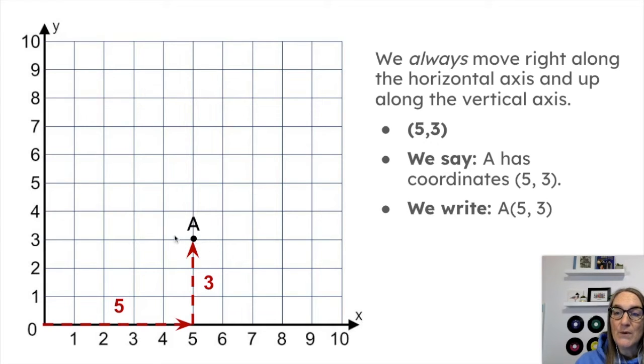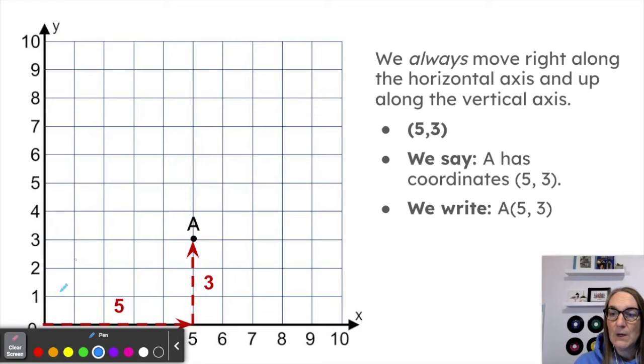So to mark point A in our coordinate grid, we write A (5, 3). That tells us that point A is located at 5 on the x-axis and 3 on the y-axis, or that we have to move 5 units to the right and 3 units up.